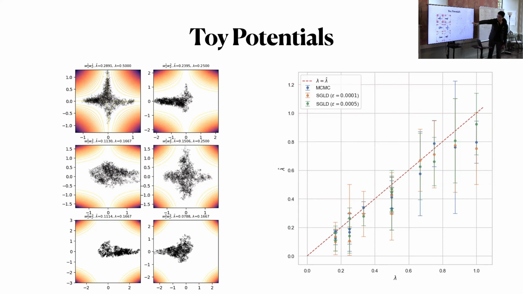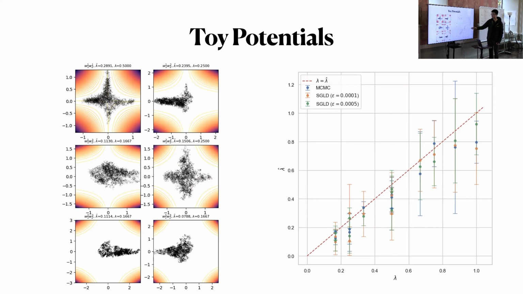The black dots there are the SGLD trajectory, and those are the samples that we plug into the posterior averages. The dotted line is the lambda equals lambda hat line, where you want to be.